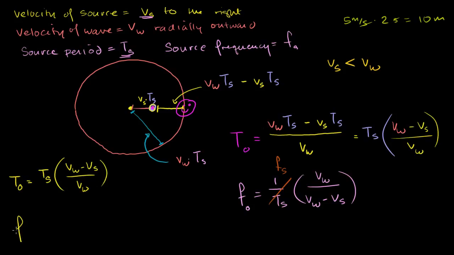The frequency from the point of view of this observer is the inverse of that, which is the frequency from the point of view of the source times the velocity of the wave divided by the velocity of the wave minus the velocity of the source. In the next video, I'll do the exact same exercise, but I'll think about what happens to the observer that's sitting right there.